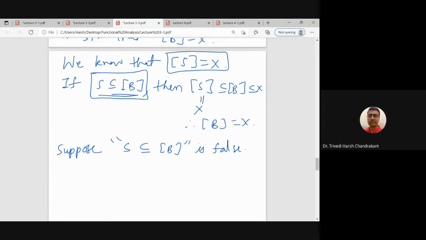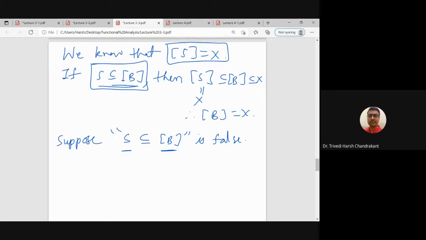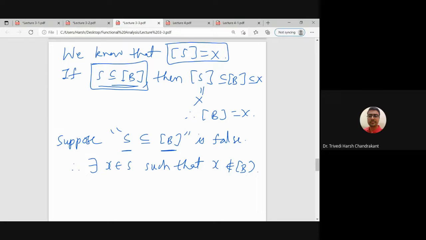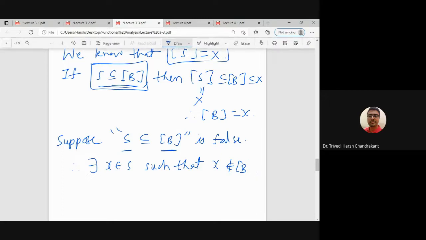That means this statement fails, which means there exists some element in S which is not in span of B. There exists x belongs to S such that x is not in span B. Because if every element of S is in span of B, then S will be a subset of span B.